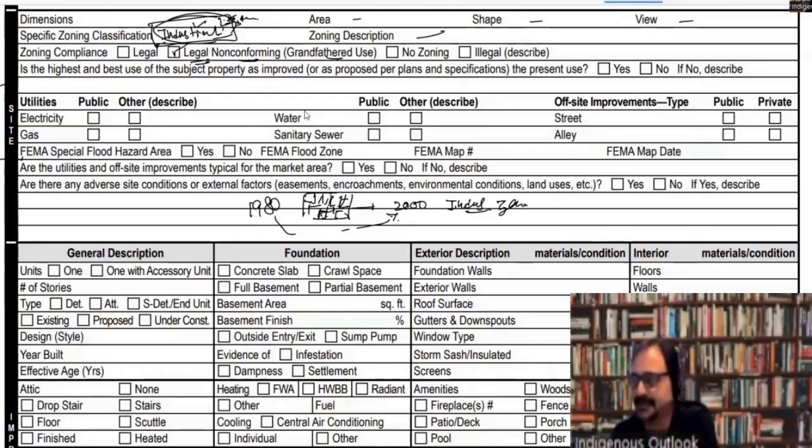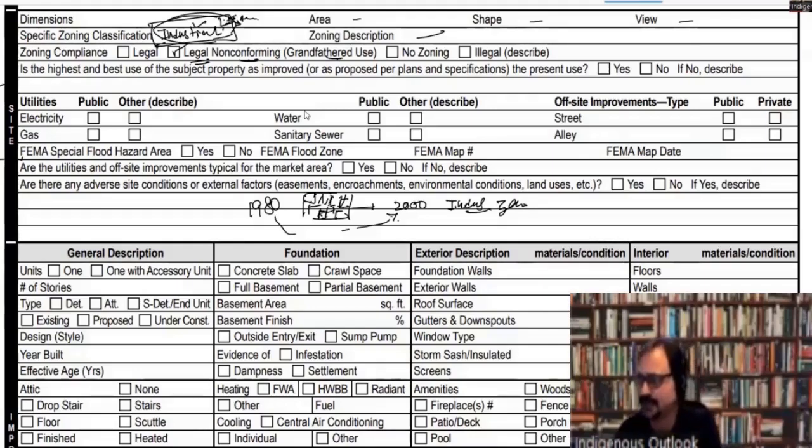But is it my mistake? When I built a home in this area, it was not an industrial zone. In fact, there was no zone declared. It was a no-zoning area. Anyone who wanted to set up a factory could set up their industry here, and anyone who wanted to build a house could build a home. There was no zoning compliance, right?